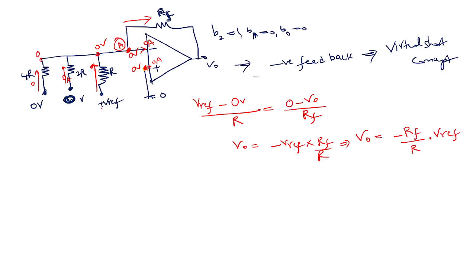Now what we can do, we will take it a bit. If I apply negative V reference, let's say, what will happen? Your V naught will become plus Rf by R into V reference. This all happened because B2 is 1, right? So there is a multiplication factor of B2.